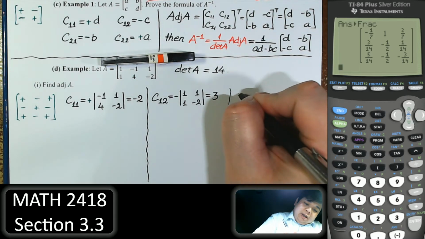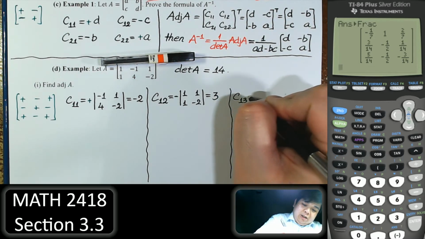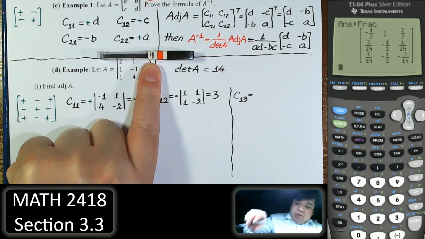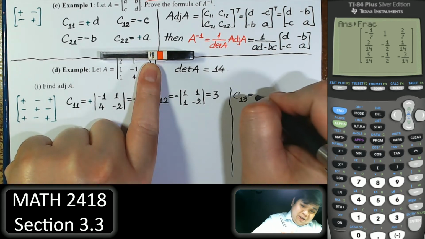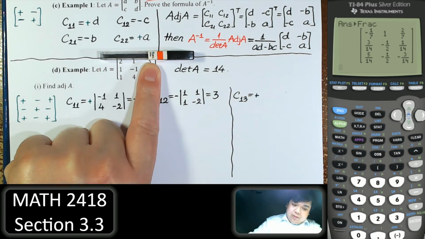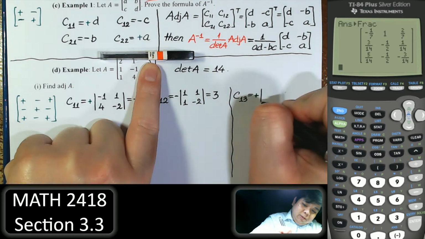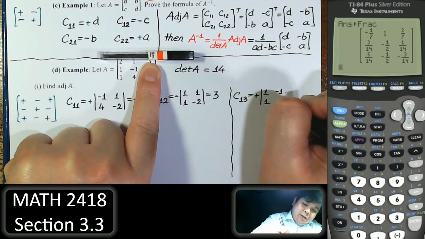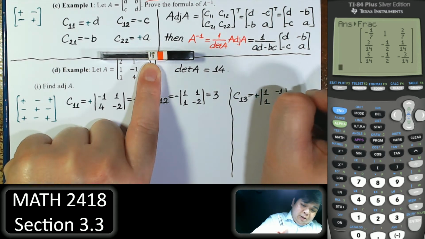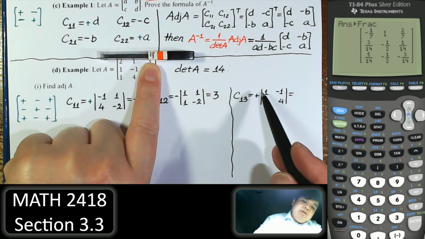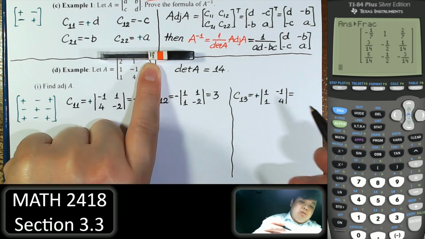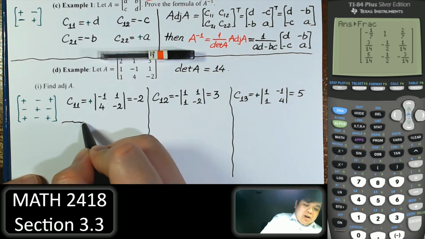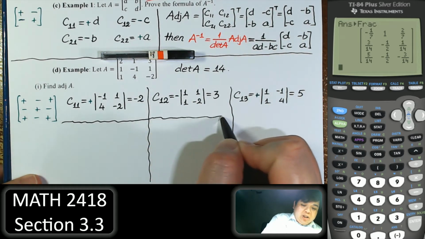Now, C13. 1, 3 stands on the plus sign. That gives us 4 minus negative 1, so that will be 5, positive 5.